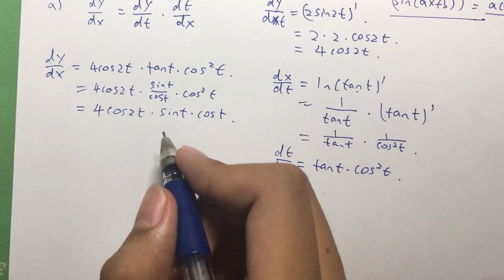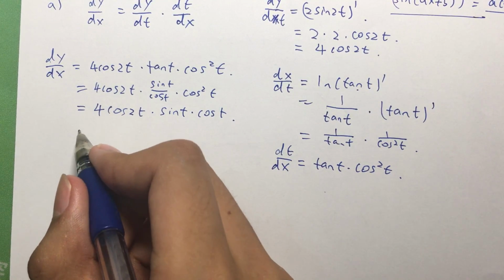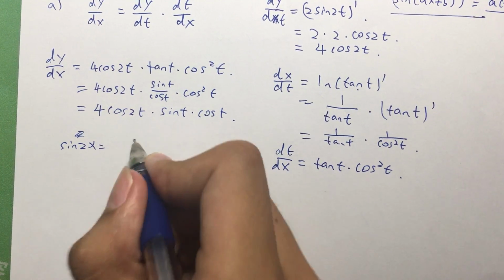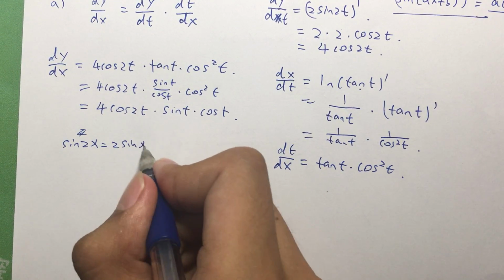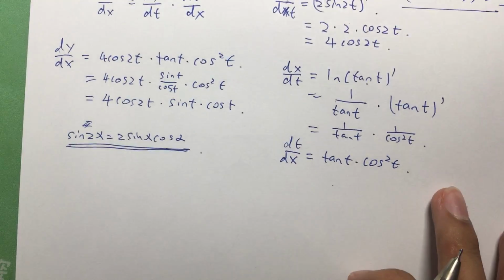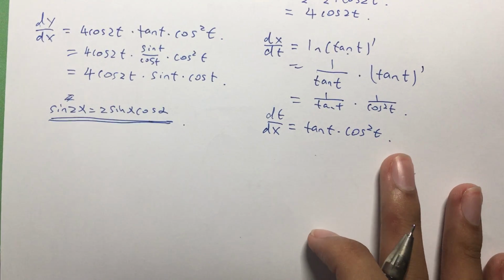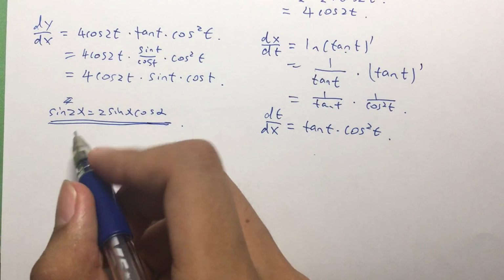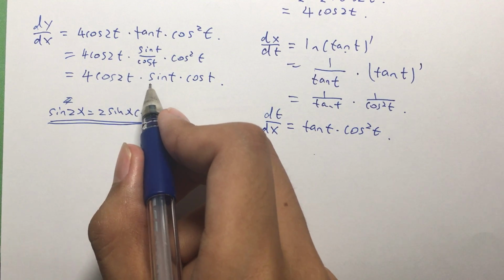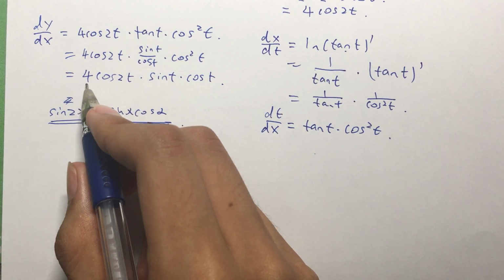And now we need our trigonometry formulas again. Do you know that sine 2 alpha equals 2 sine alpha cosine alpha? So this is a formula, and if you are not quite sure, you can go back to the trigonometry session. Now we see that here we have sine t times cosine t, and we have a 4 here.